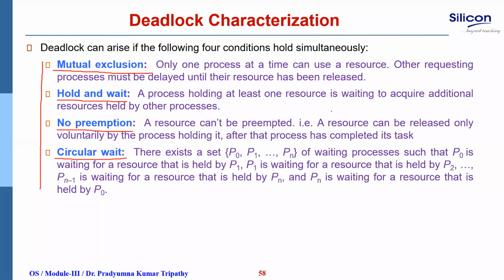They are requesting a resource, and that resource is also held by other processes. That resource is also not free. It is occupied by another process, and that is in a cycle actually. Correct? This is hold and wait.